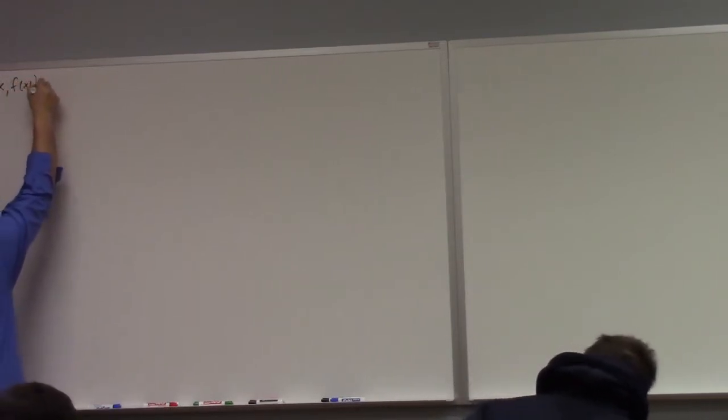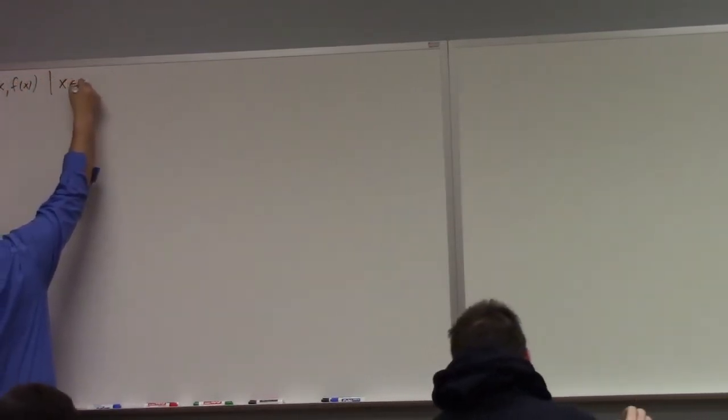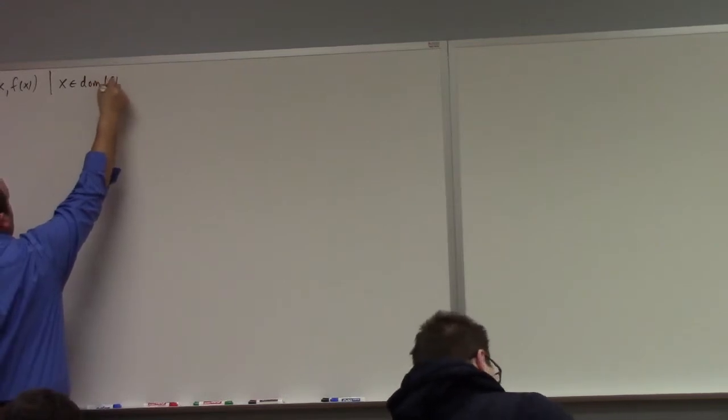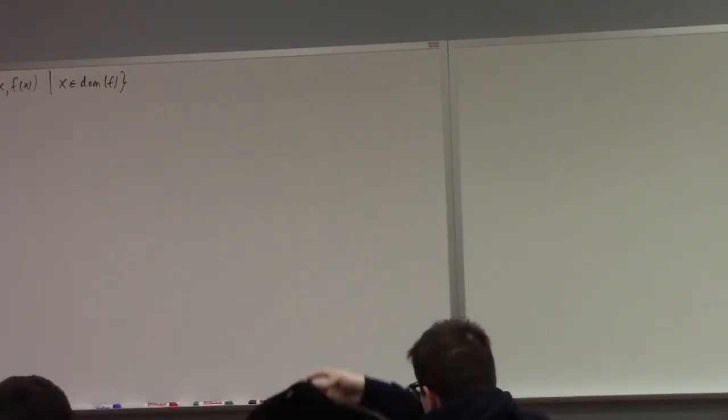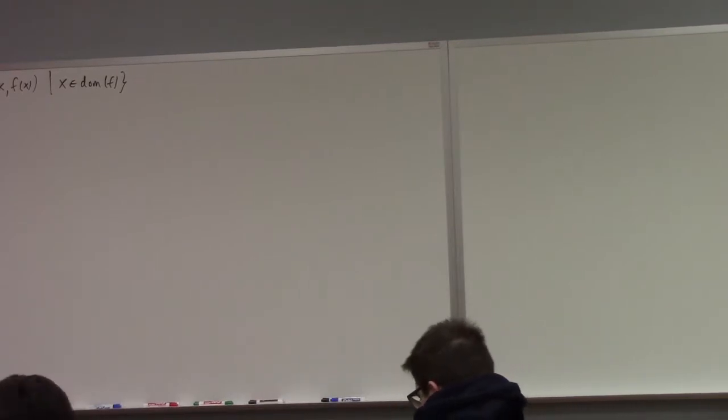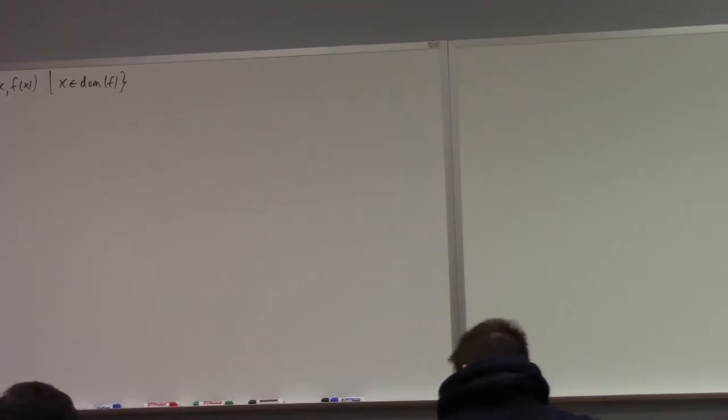So what's a graph? The graph of a function, it's the set x comma f of x such that x is in the domain of f, right? This is a graph. So if I want to parameterize a graph, well, it's kind of silly.